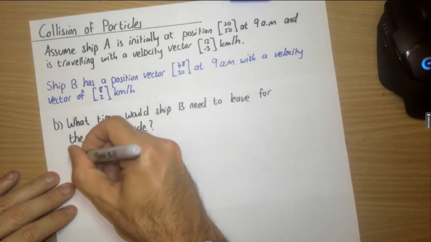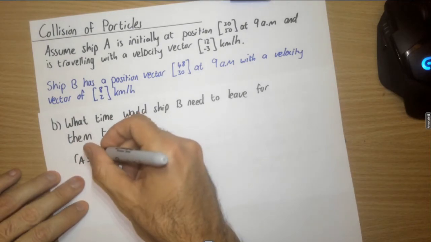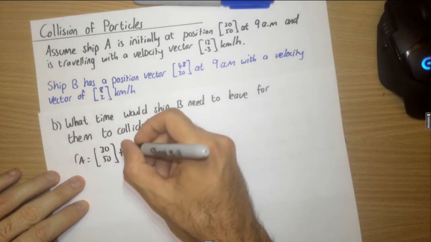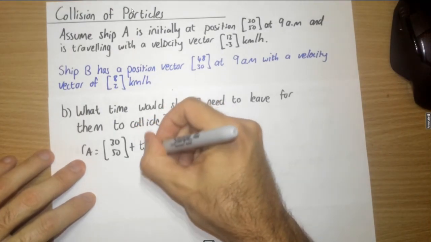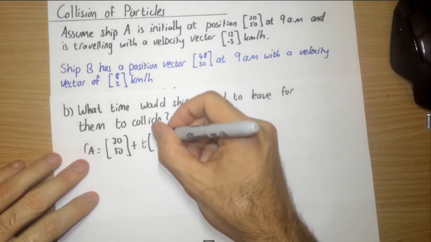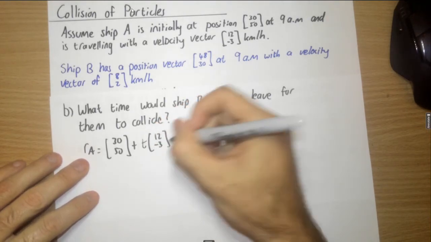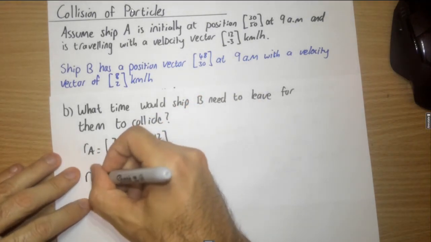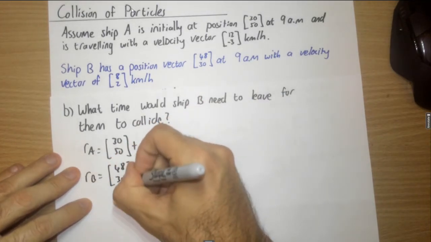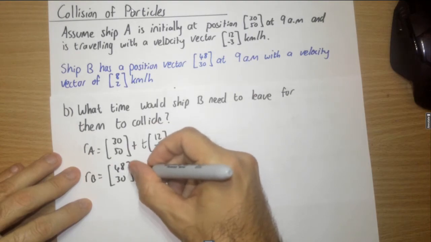So the position vector of A doesn't change. It's still going to be (30, 50) plus t times (12, -3).